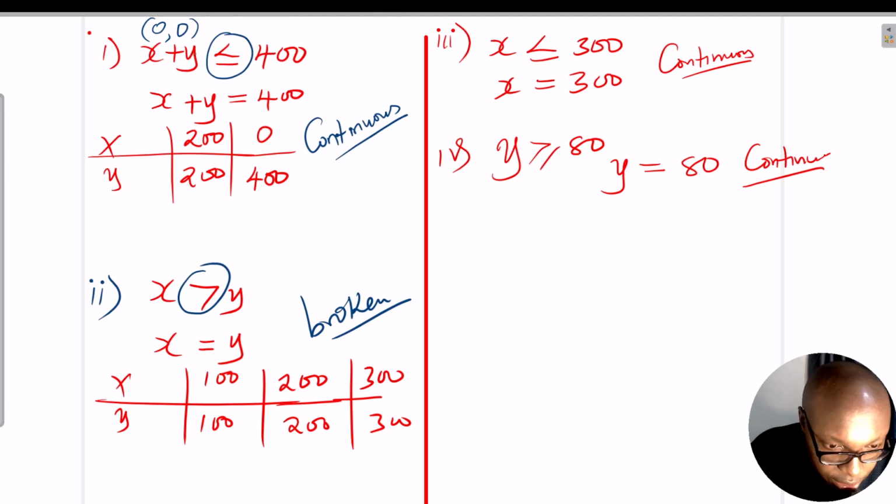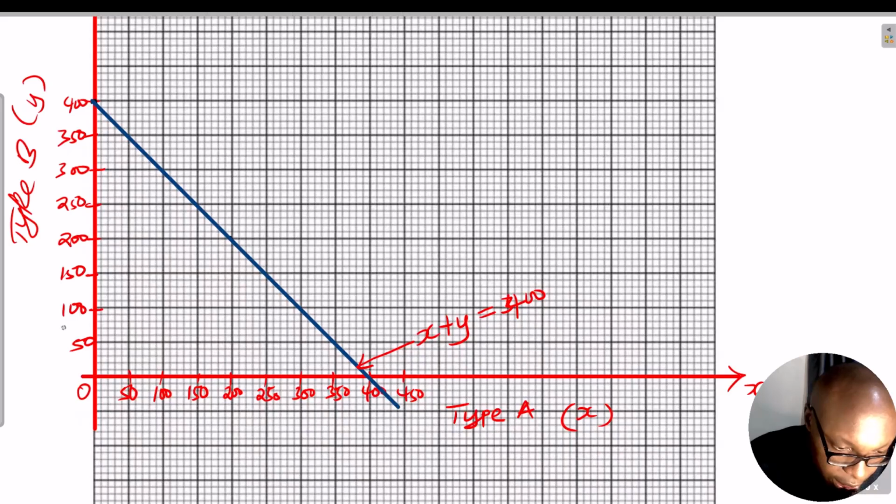When x is 0, y is 0, substitute there, you get x plus y will be 0. 0 is less than or equal to 400. So that side satisfies. 0 is indeed less than 400. That means this side where I have picked the point 0, 0 satisfies the inequality.